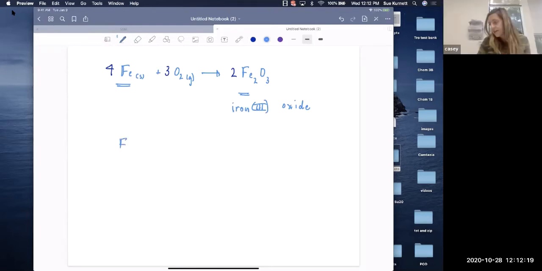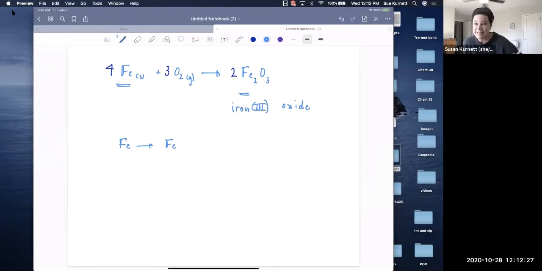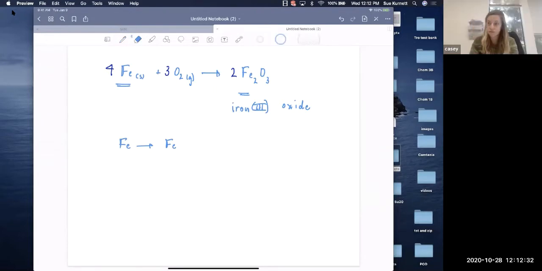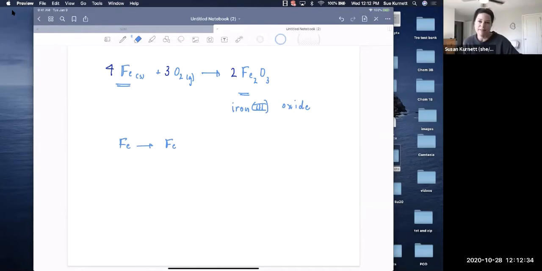So is that the same on our lab then when it says like magnesium metal? That's going to be magnesium with no charge? Yes, exactly. The word elemental or metal, if it's solid and just the element, it's 0.